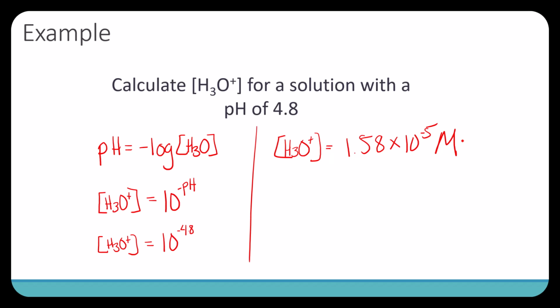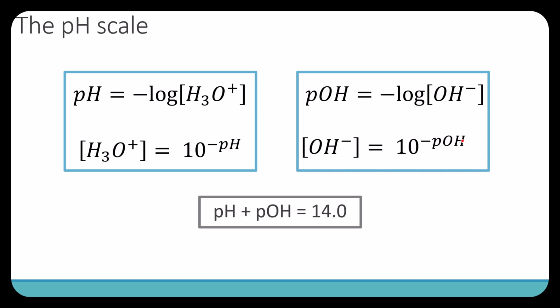Okay. So again, here's kind of a table of helpful hints. This is probably more complete than the ones I gave you before. But pH is negative log of hydronium. If I want to solve for hydronium, that's 10 to the negative pH. We can make the same statement over here for pOH. So pOH is the negative log of hydroxide.